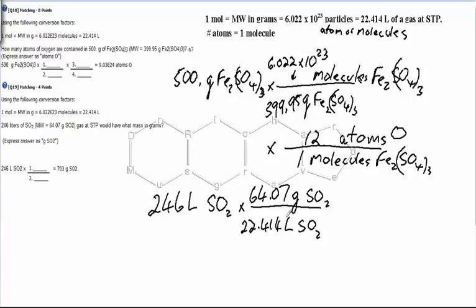Therefore they equal each other, which allows us to put them one over the other like this, and we can say that 64.07 grams of SO2 would indeed take up that volume of gas at STP, because they each have a mole. Now, as far as significant figures go, we've got three sig figs here, so we'll have three sig figs in our answer.